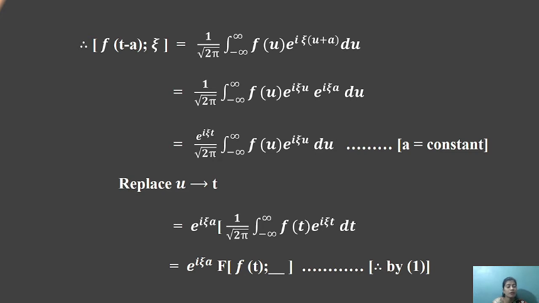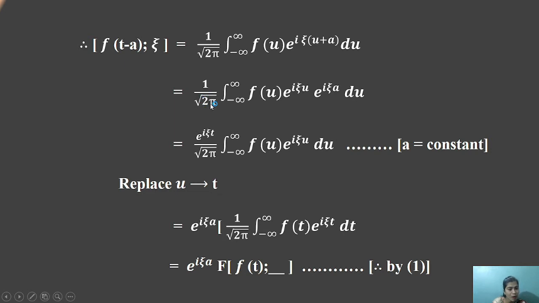The Fourier transform of f(t minus a) at xi equals 1 upon square root of 2 pi, integration from minus infinity to infinity, f(u) e to the power i xi (u plus a) du. Put in all these values and solve.